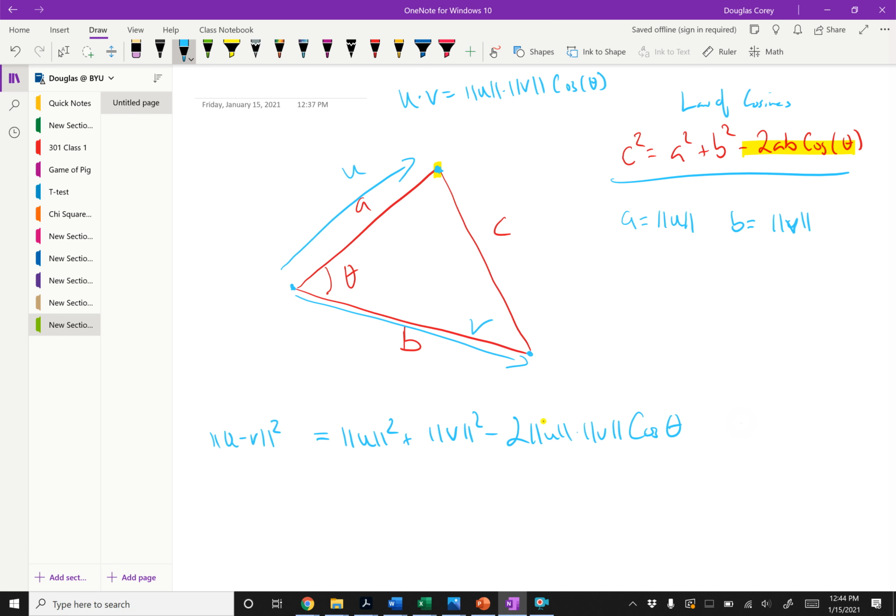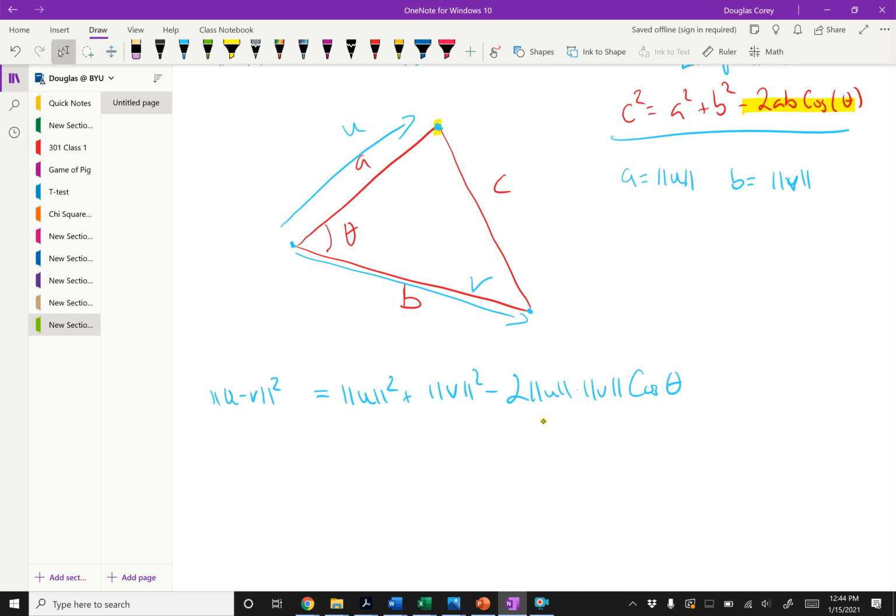And I'm going to go one step further. You can go from here, and the book does. In this section, it goes to here, and it just works with the properties of dot products and norms, and it'll do it. I'm going to go one step further, and I'm going to write out what u is in terms of coordinates.